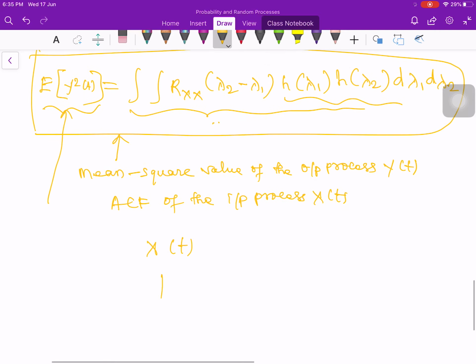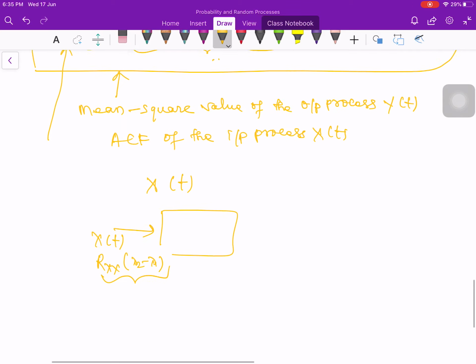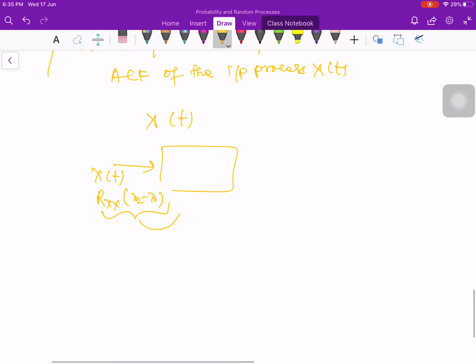That means the input is x of t and its autocorrelation function is Rxx of lambda 2 minus lambda 1, and this autocorrelation function is undergoing a transformation in the LTI system. That transformation is reflected in the product of h of lambda 1 times h of lambda 2. That is evident from this expression.